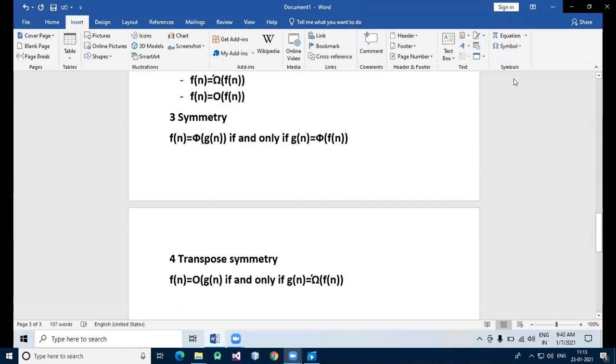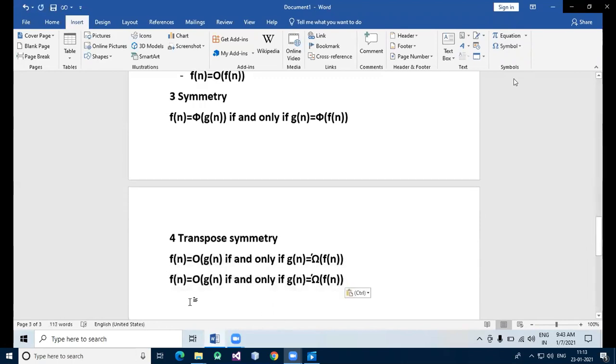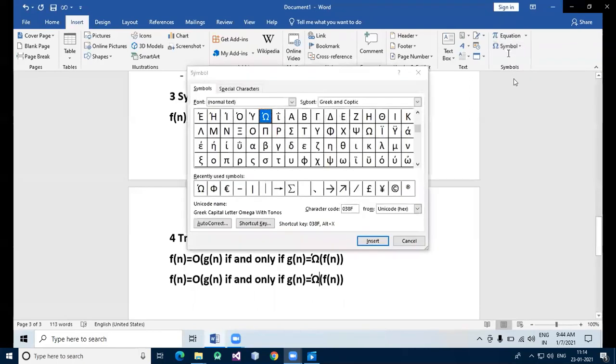It is a theorem, you have to just understand this. Then again, write this and we will change which we want: copy each, then paste here, then f of n is omega, g of n, if and only if g of n is, instead of O, we write the omega sign. Otherwise you can use this sign.